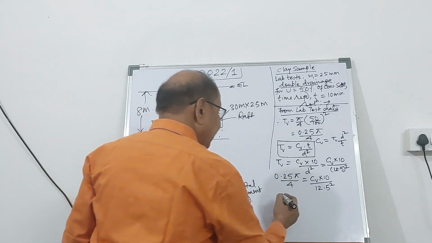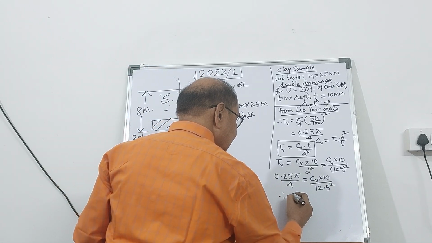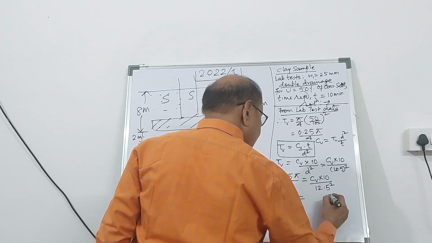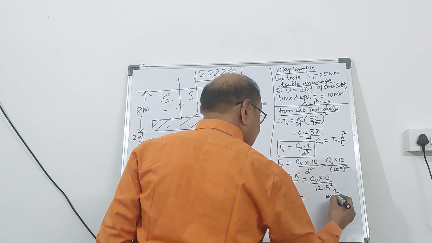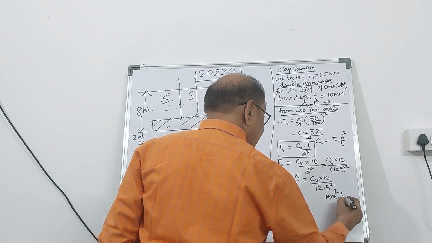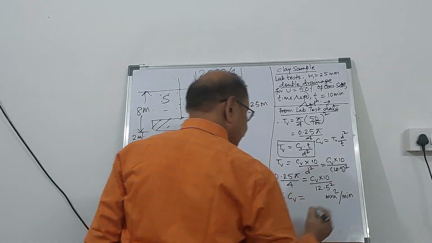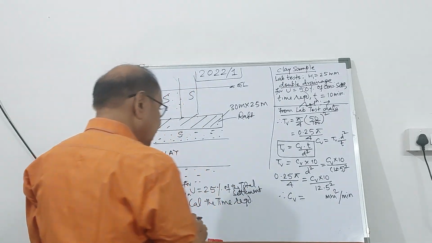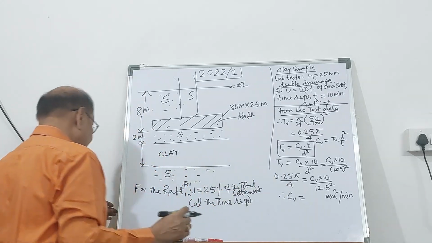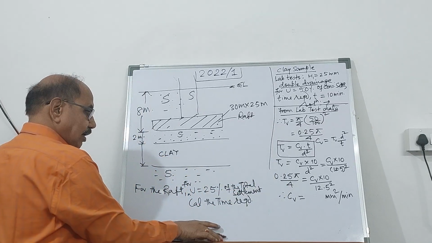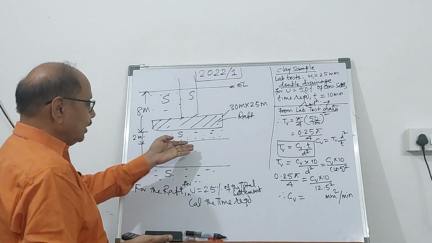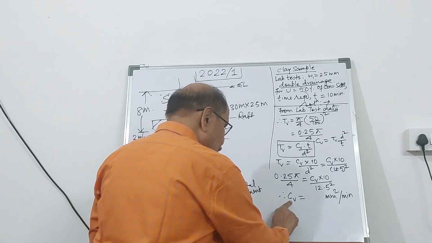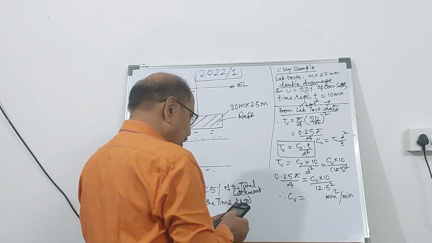So the value of CV from this will be in millimeter square per minute. So you will have to simplify this one, and you will be getting the value of CV for the clay soil mass.